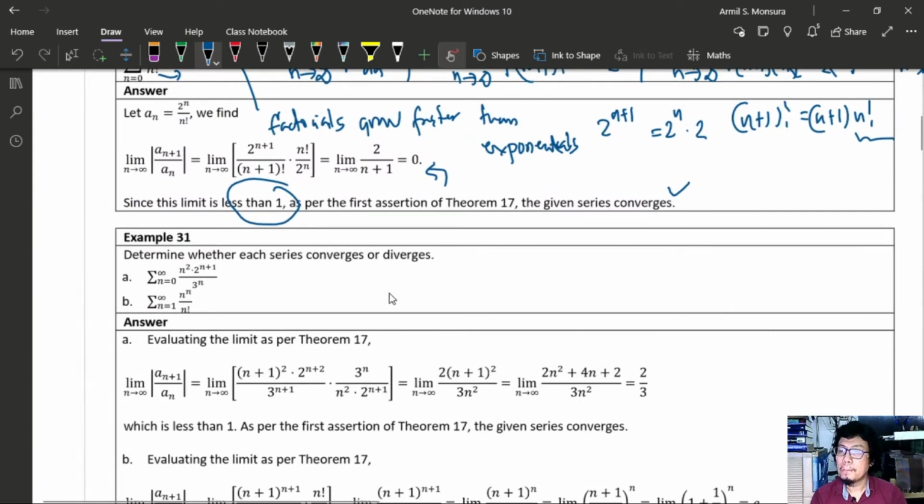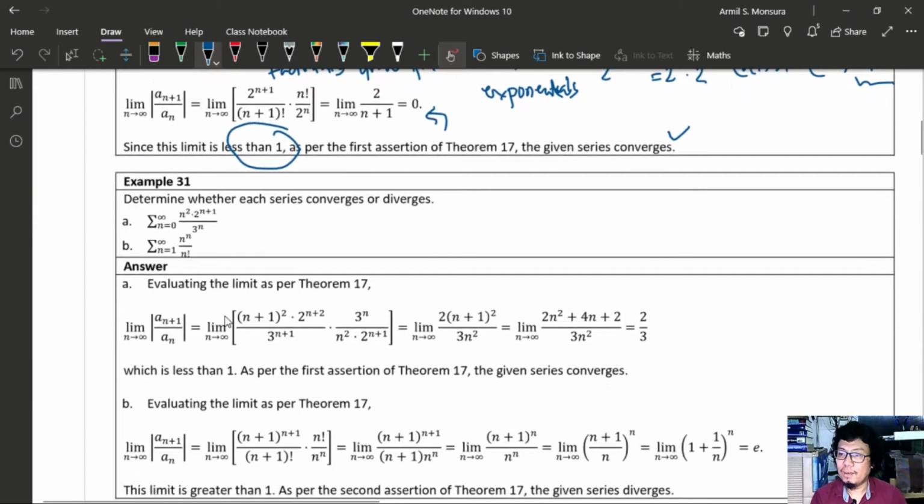So again, for letter A, we have here your a_n to be n squared multiplied to 2 raised to n plus 1 over 3 raised to n. So your a_(n+1) is (n+1) squared multiplied to 2 raised to n plus 2 divided by 3 raised to n plus 1.